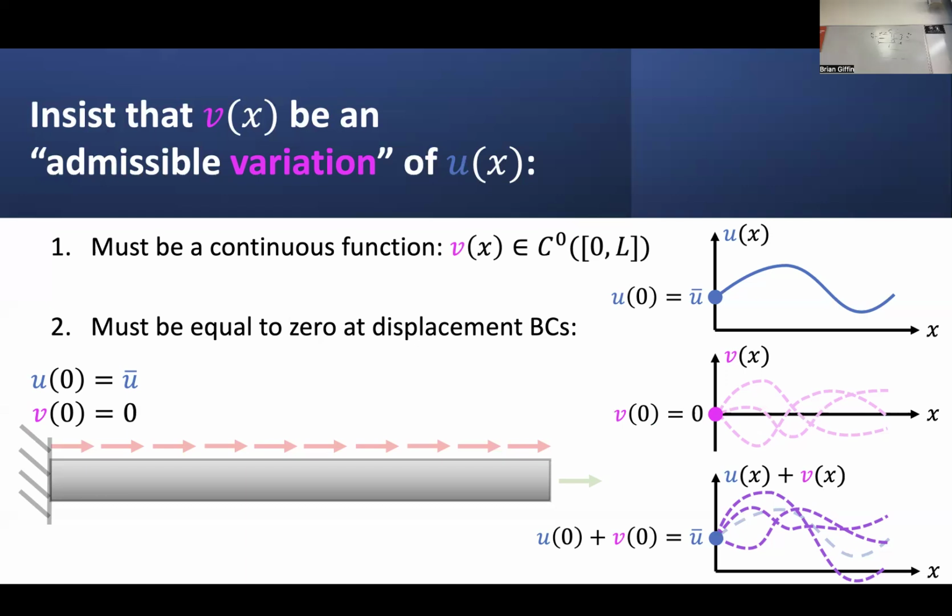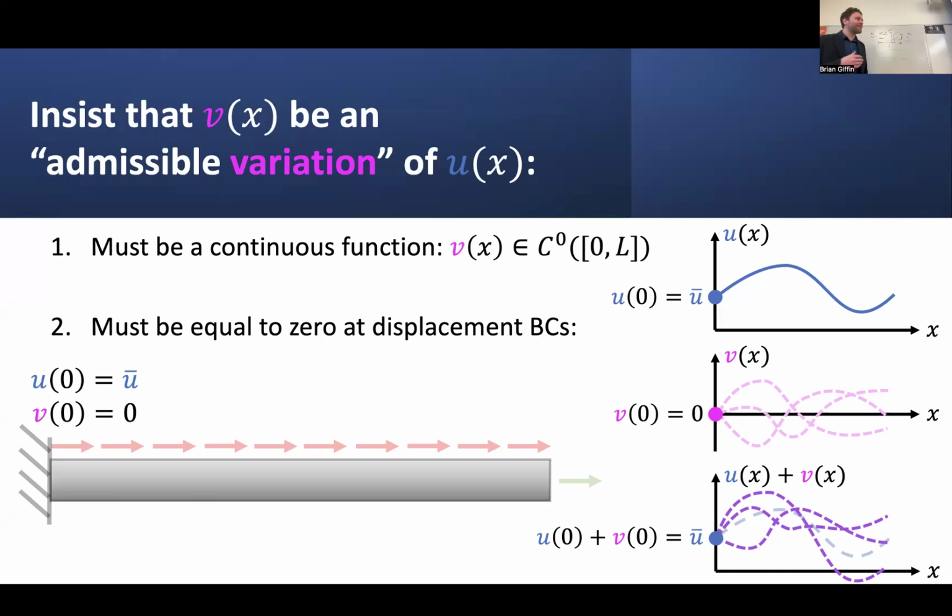If you take this function and add it to any possible virtual displacement function, and you also impose this additional requirement that the virtual displacement function has to be equal to 0 wherever we're assigning these discrete constraints on the displacement field, we guarantee that summing these two things together still satisfies whatever boundary condition we're putting on the displacement field.